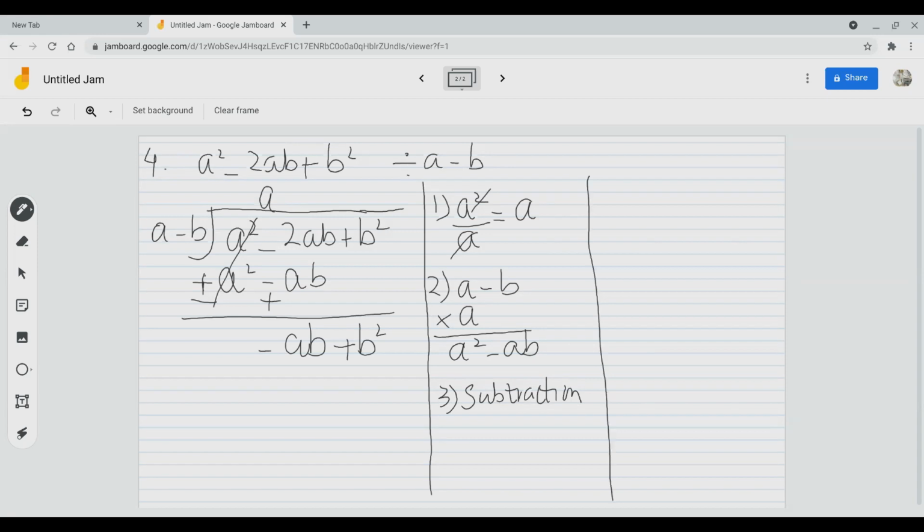Now again, this is stage 1, and this is stage 2.